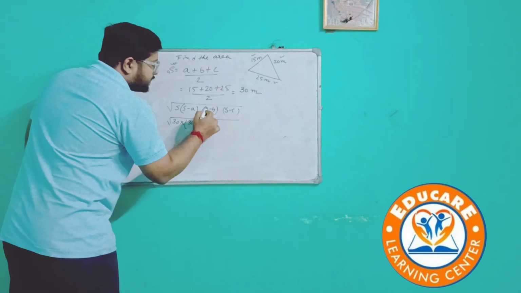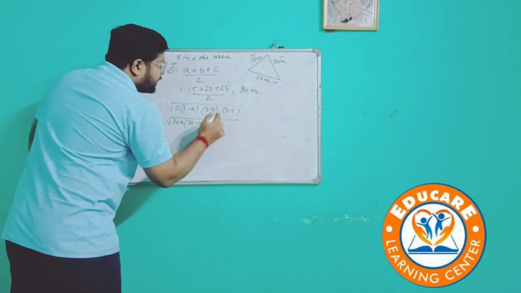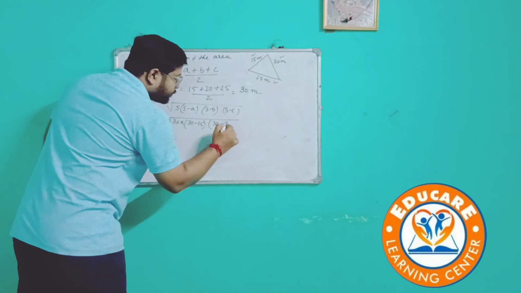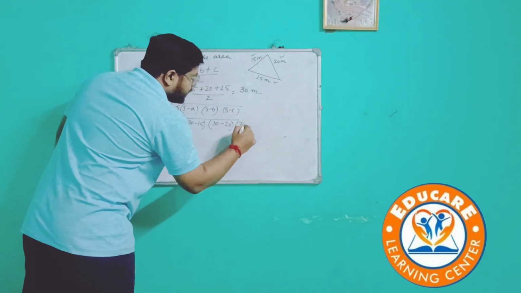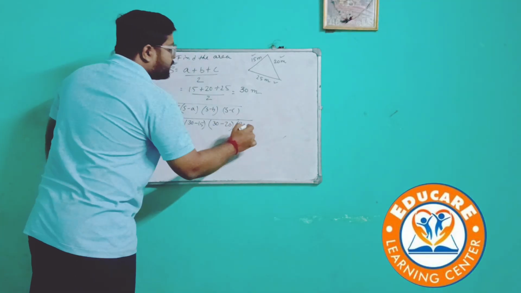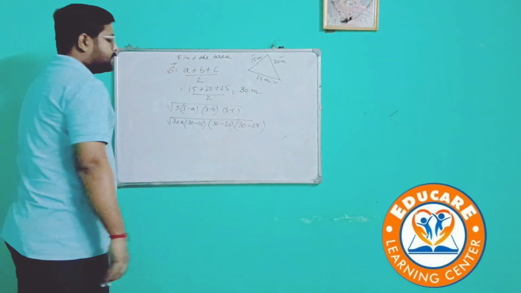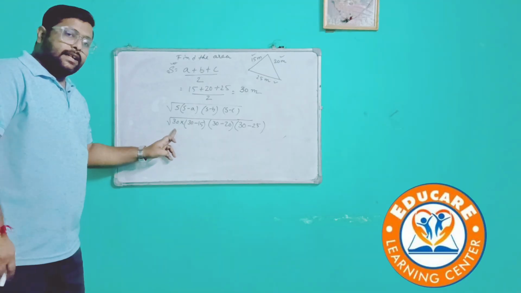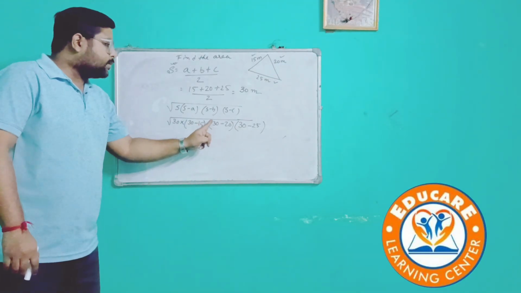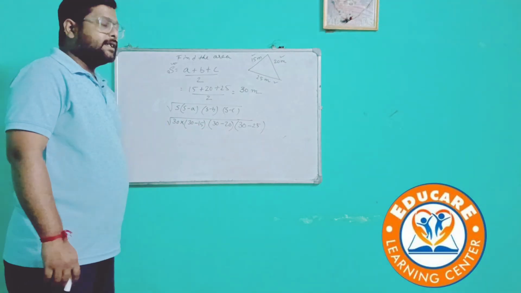Then S minus B: the value of S was 30, minus the value of B, which was 20, so put 20. And 30 minus the value of C, which was 25, so let's put 25 in this case.